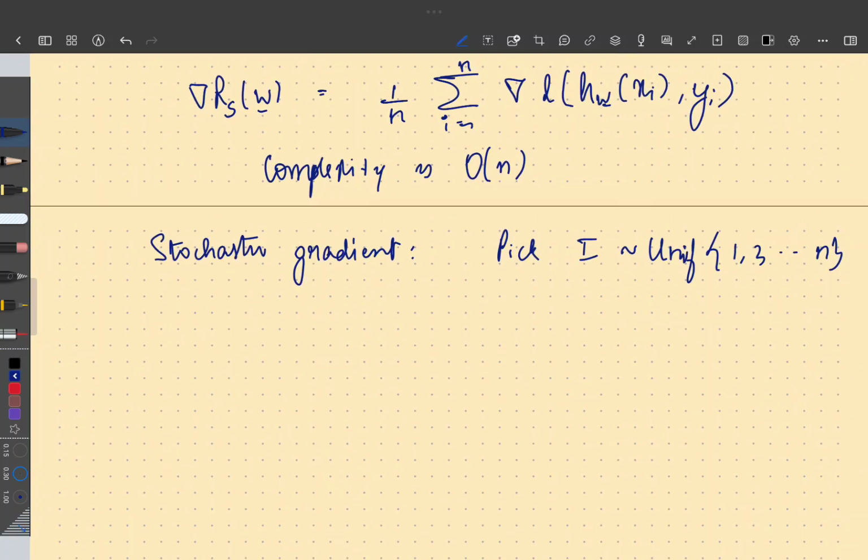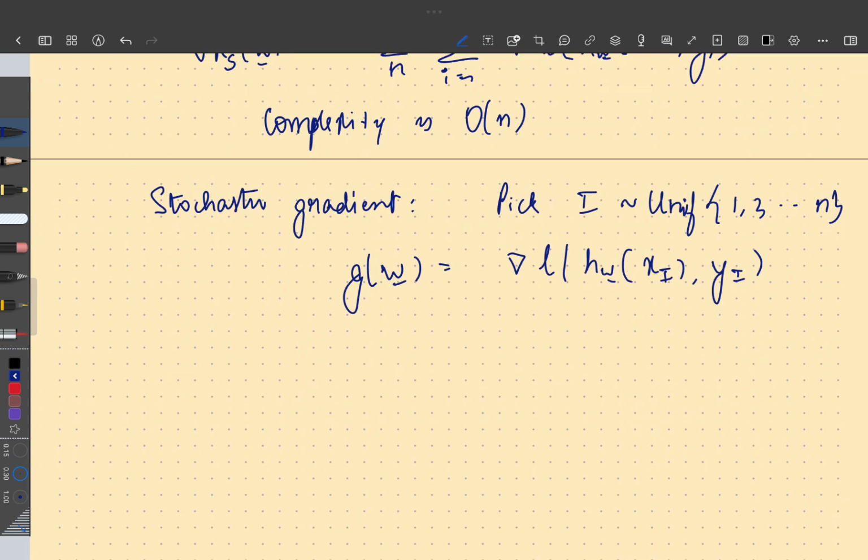All right, and the stochastic gradient is going to be the gradient of L of h_W computed only for the ith data point. So essentially you pick one data point uniformly at random and then compute the gradient of L with respect to this particular data point.